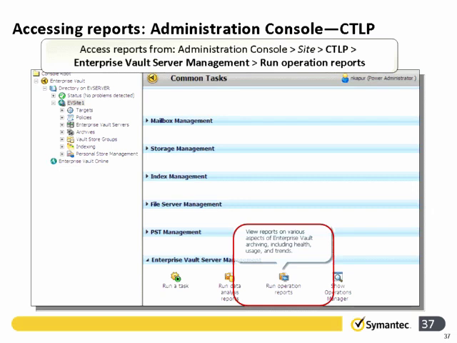As I mentioned, not only can you access these reports through the web interface associated with the Microsoft SQL Server Reporting Services, you also have the capability of accessing this through the Enterprise Vault Administration Console. You can go to the Common Tasks Launchpad, expand the Enterprise Vault Server machines, click on the Enterprise Vault Server Management, and then click on Run Operational Reports.